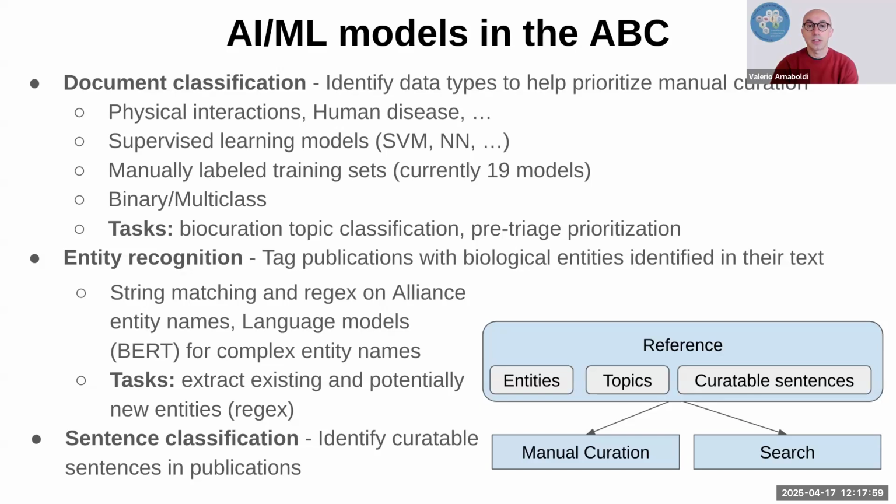This way, curators can find publications of interest by searching for entities or data types that are interesting for their data curation. And also, all the information is provided to the curators so that they can use, for example, the sentences that are identified in full text as curatable as additional evidence for their curation.